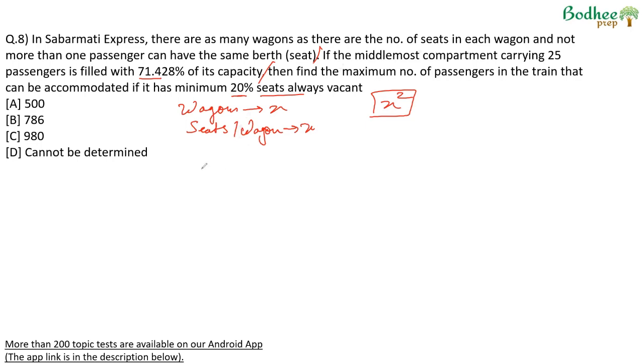Now, the middlemost compartment has 25 seats occupied out of X. This is given as 25 by X into 100 is 71.428% occupancy. Now, we have to deal with 71.428. I'll try to multiply this by a number to get an easier sort of value. For example, if you multiply the entire thing by 4, this does not become 100. Multiplying by 4 gives 285.712.